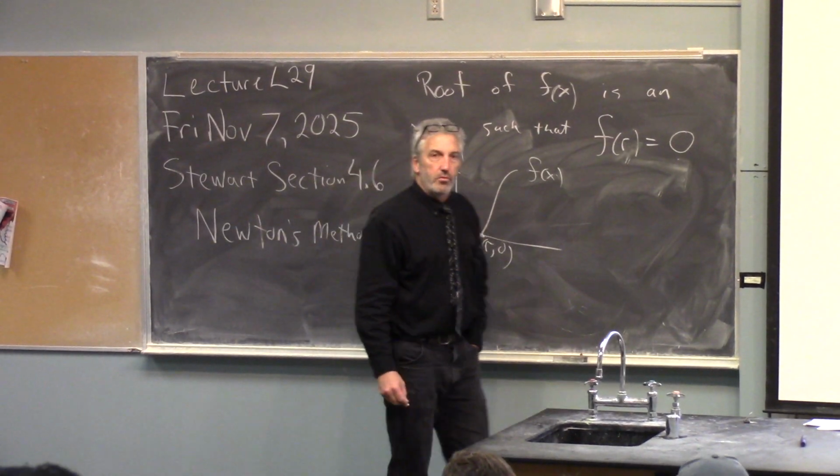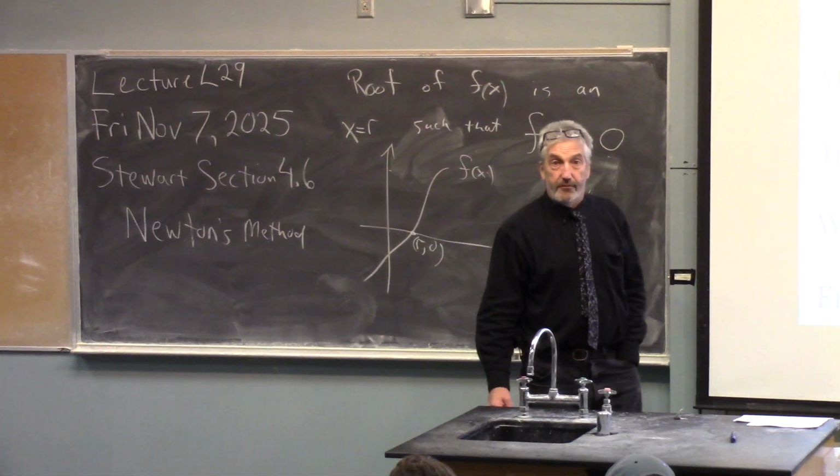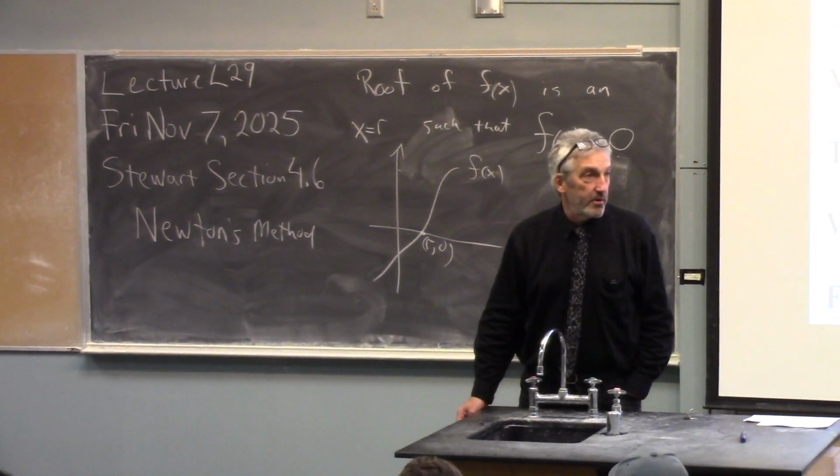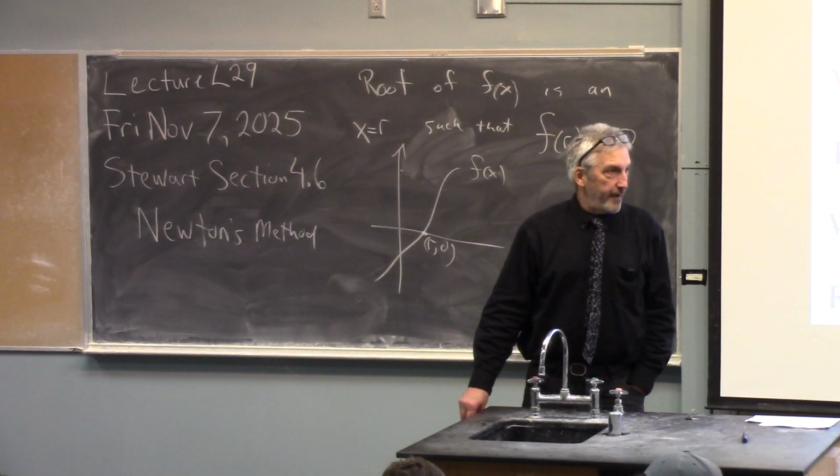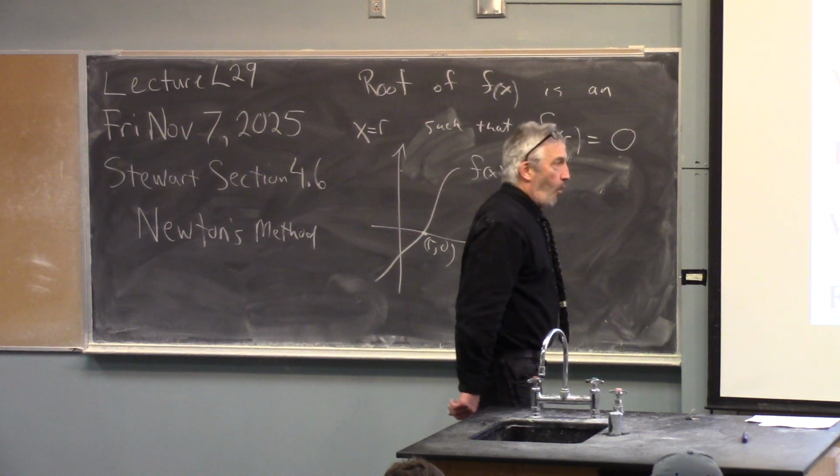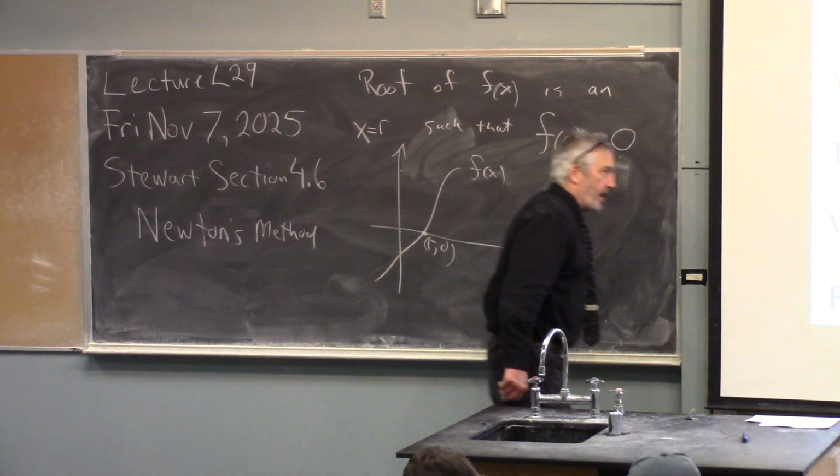Now sometimes you can solve an equation to find the value of r. We do this all the time. We look for x-intercepts on a graph of a function by setting y equal to 0 and solving for x.